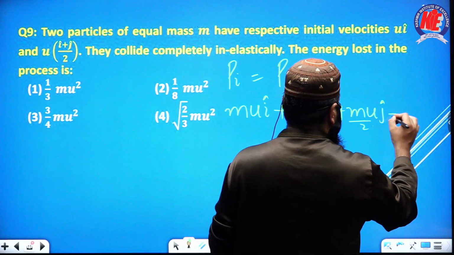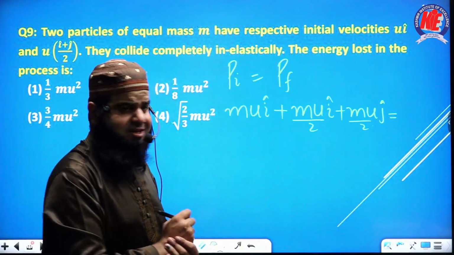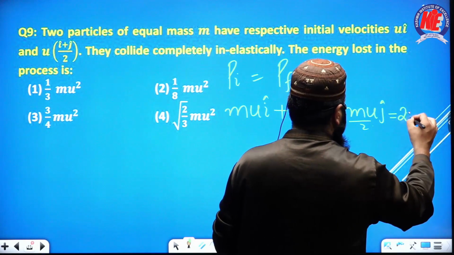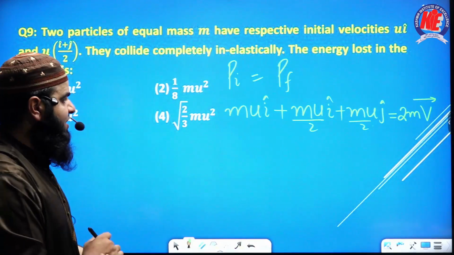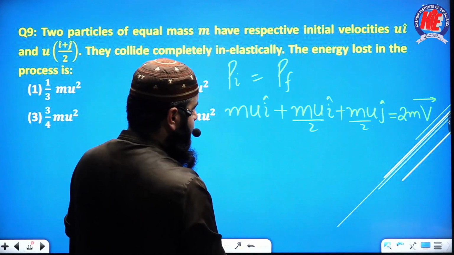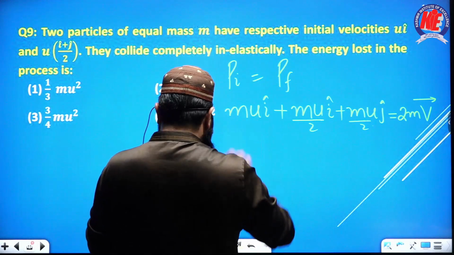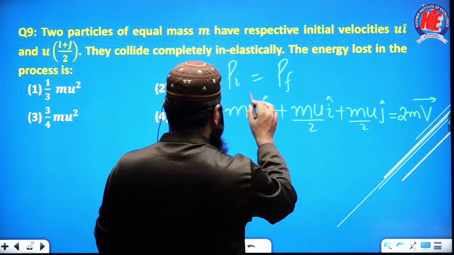Final momentum की बात करेंगे. Finally the two will form the single system having the mass, the sum of the two, that is 2m, and let us suppose they are moving with the velocity now, that is v vector. अब यहां पे बेटा हम v को निकालने की कोशिश करेंगे. I can eliminate m on the both sides.